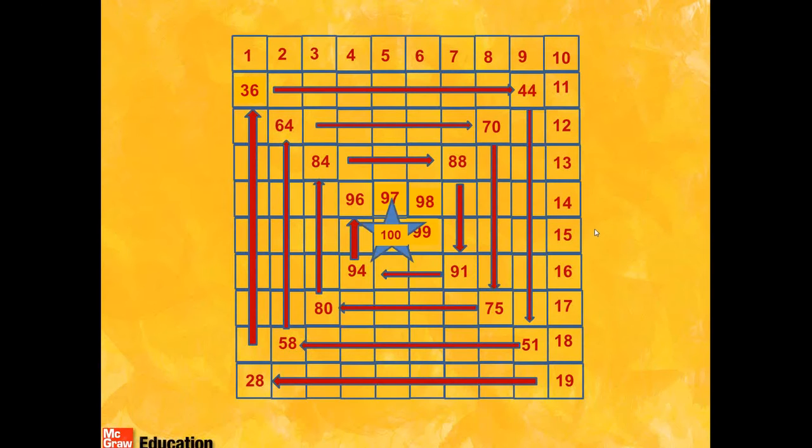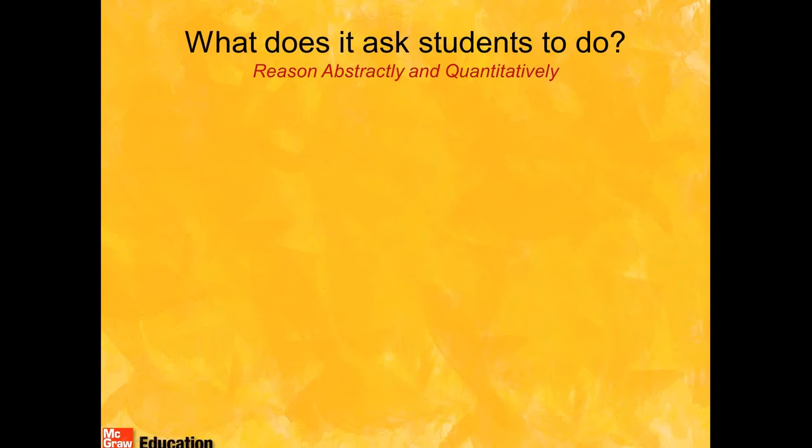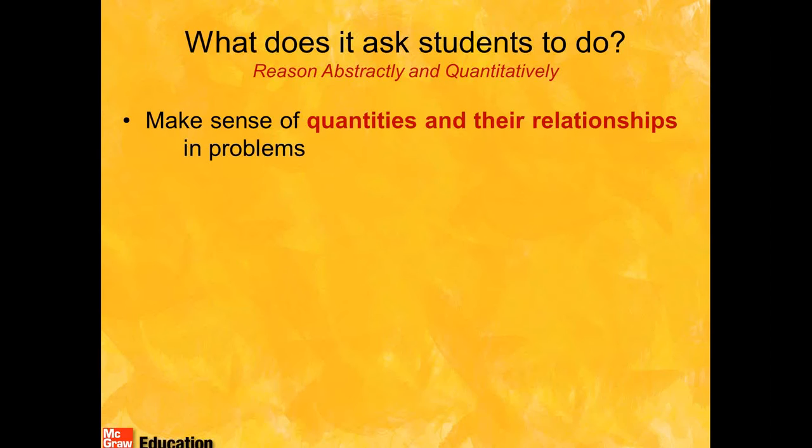All right? The idea here is as we look at these kind of problems, that the standard mathematical practice to reason abstractly and quantitatively is that we want students to be able to make sense of quantities and make sense of the relationship of numbers in problem situations.